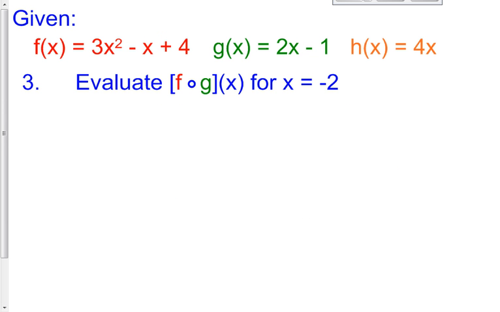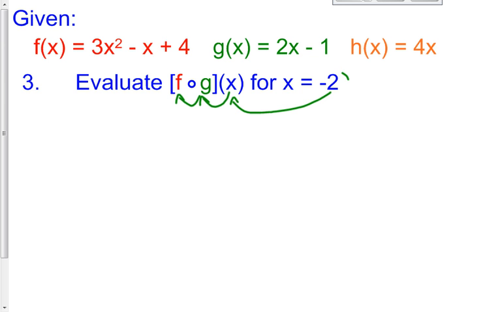So f of g of x for when x equals a negative 2. So we're going to continue with this theme of working from right to left. So now we're going to put a negative 2 into the g function. And once we do that, we're going to get a number, and then we're going to put that into our f function.